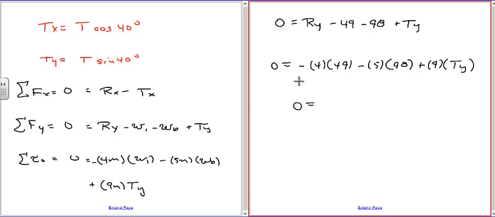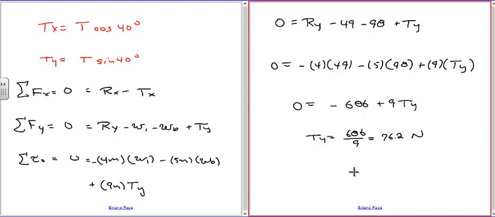Okay, so the first two terms are negative: 4 times 49 plus 5 times 98. So you add those first two terms together, you get negative 686 plus 9 t sub y. T sub y equals 686 divided by 9, which is 76.2 newtons.